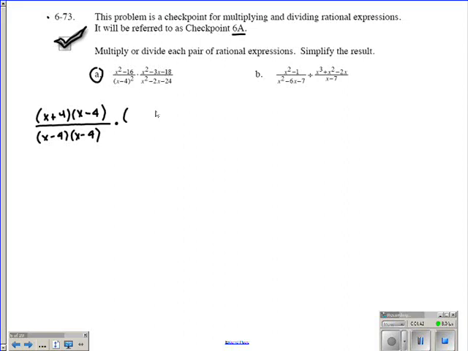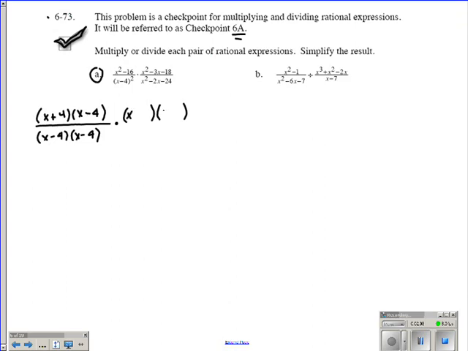Chances are, since we're practicing this skill, we're going to have to factor it as well. Now you can use your generic rectangle. If you forgot how to do that, there are checkpoint problems before 6a to remind you how to factor using the generic rectangles. If you don't know how to factor, you're going to really struggle with the rest of the course, so it's time that you get some help.